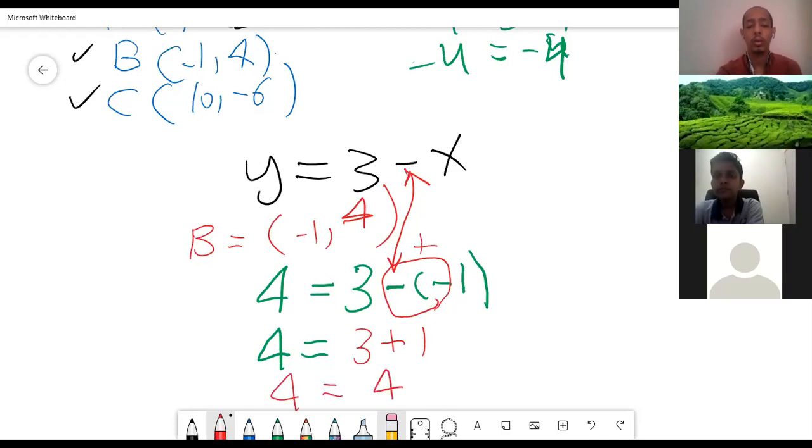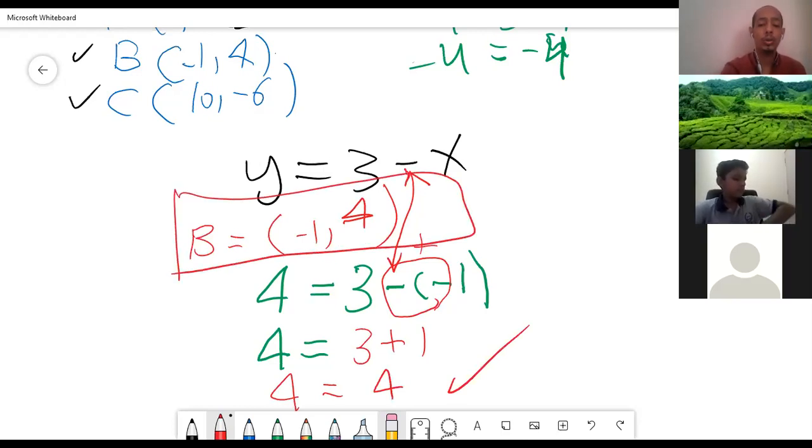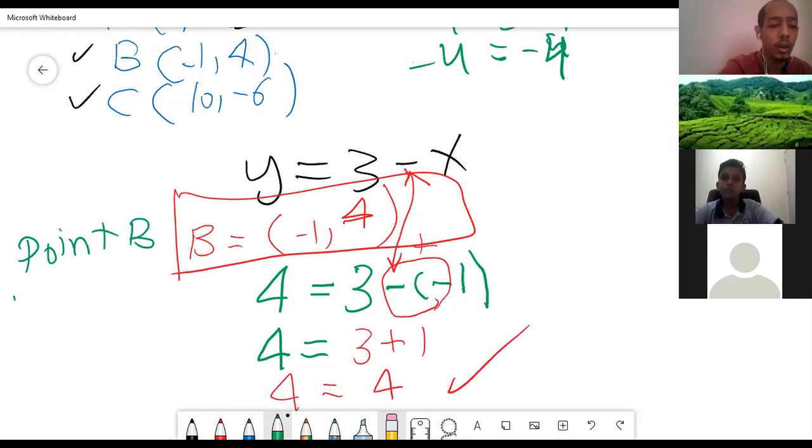So point B also satisfies the function of that straight line. So we can say point B is on the line.